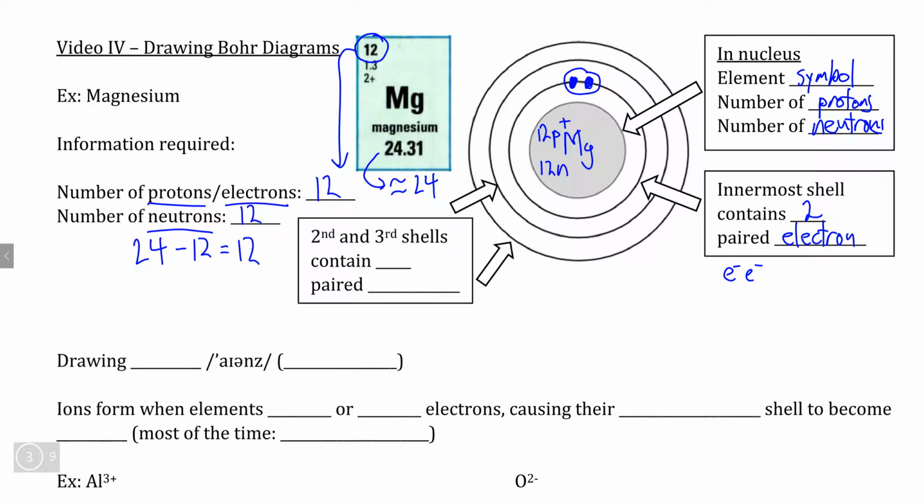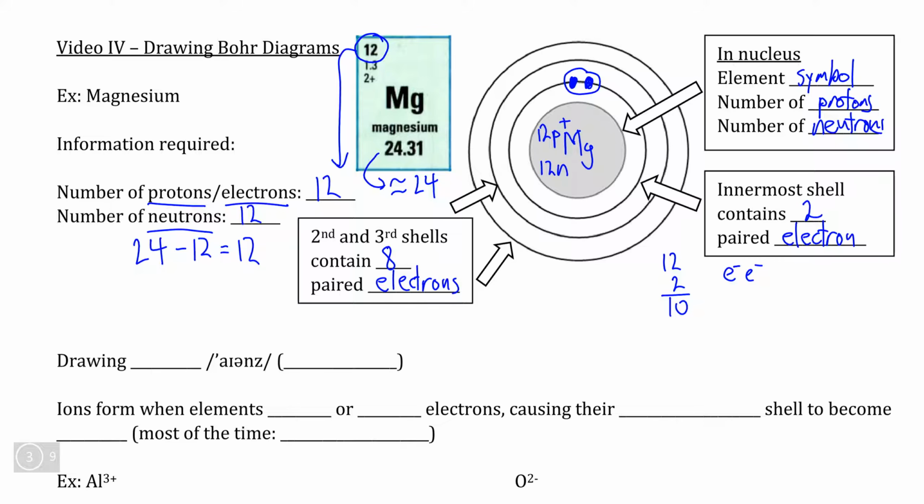Now, when drawing Bohr diagrams, it helps to keep track of the total number of electrons we've used. So magnesium has 12 electrons, and we just used 2 in the innermost shell, meaning that we have 10 to go. Now, each of the second and third shells, the ones outside of the innermost shell, can contain 8 electrons that form into 4 pairs.